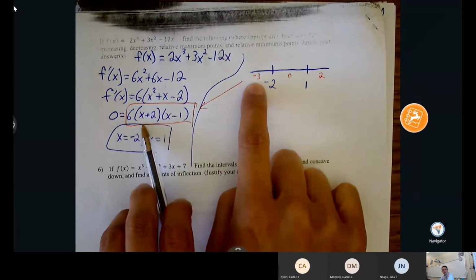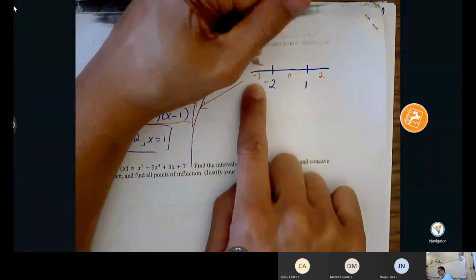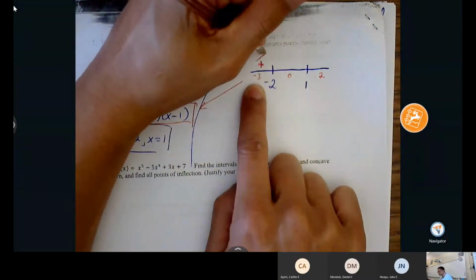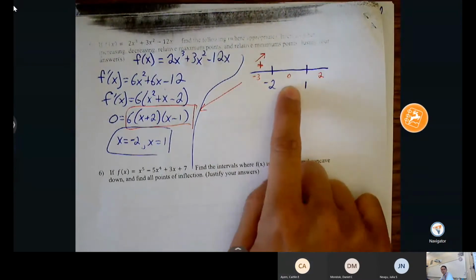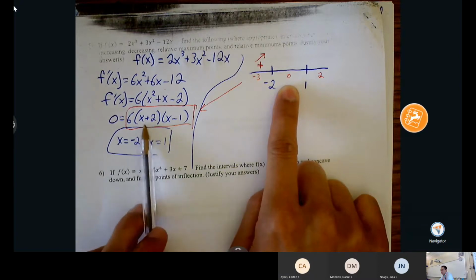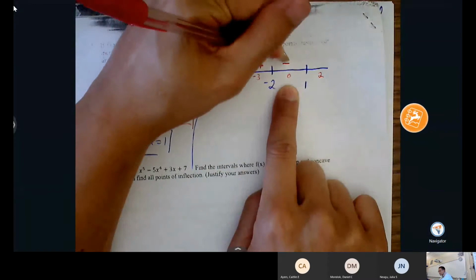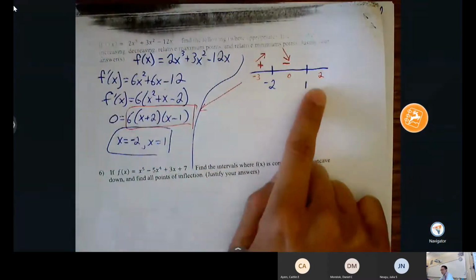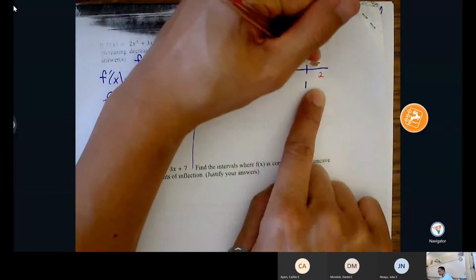So at -3 for x, I get negative times negative, which is positive. Plug 0 in for x, I get positive times negative, which is negative. And plug 2 in, I get positive times positive, which is positive.